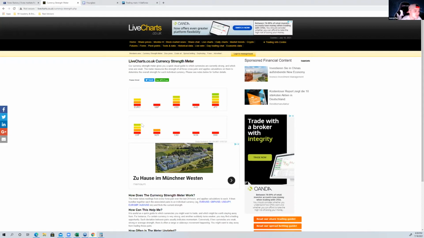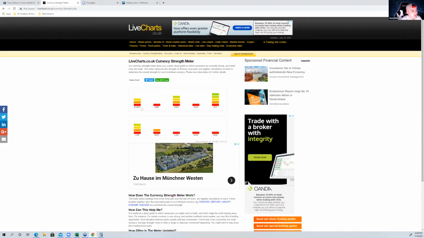I noticed CHF is in an uptrend. Anything with 4 or 5 bars: 4 bars means it's in an uptrend, 5 bars, it's pumping massively. It's a pumper. It's going to be massive movement. Anything with 3 bars, it's moving pretty slow, very slow.